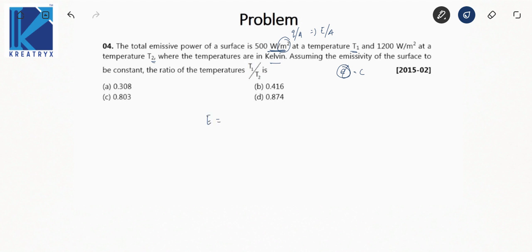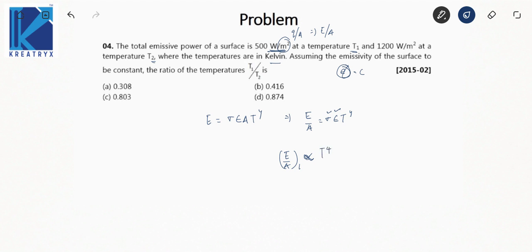This is equal to sigma epsilon A T raised to the power 4, emissive power. We have been given E by A, that implies E by A is equal to sigma epsilon T raised to the power 4. Epsilon is constant, sigma is constant, so E by A becomes directly proportional to T raised to the power 4.